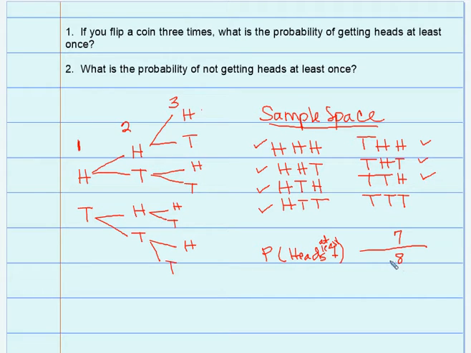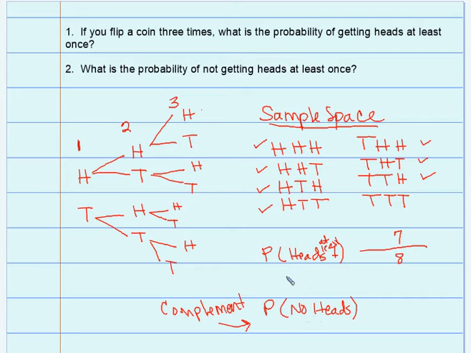And if it is a fraction, you would reduce it. So this would be 7/8. What is the probability of not getting heads at least once? So the probability of no heads, which is also called the complement, right? It's what the event was not.